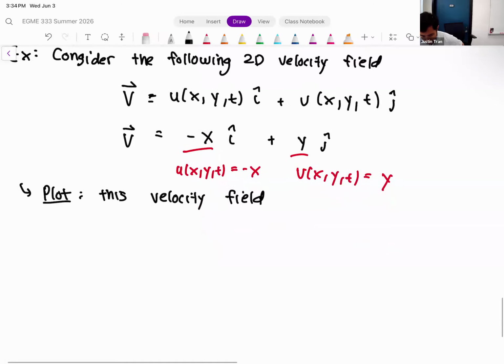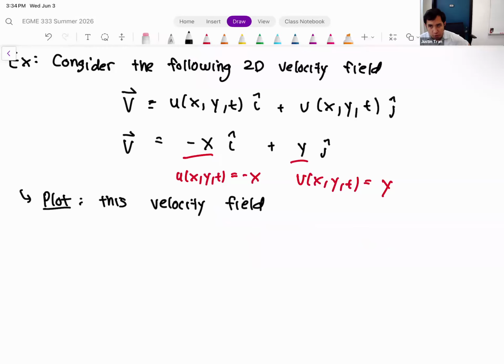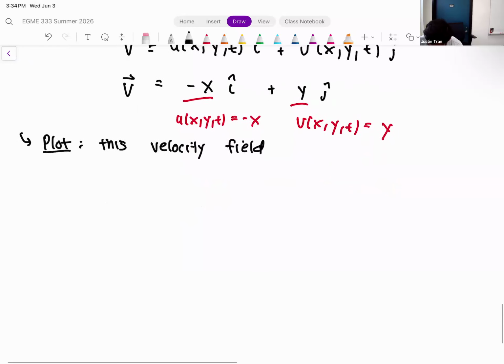This is mostly just so that we can visualize, because everything up until this point was just abstract math. So let's go ahead and draw our Cartesian axes here, and let's only plot the velocity field for positive values of x.